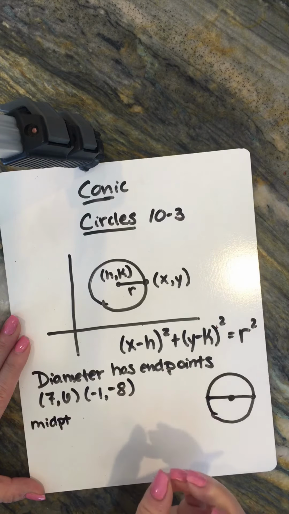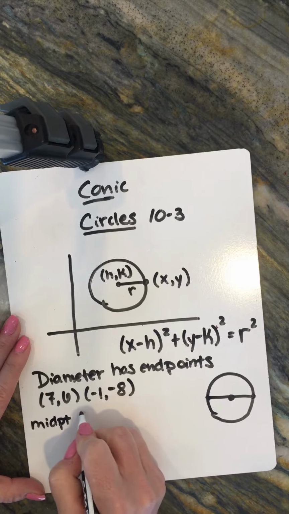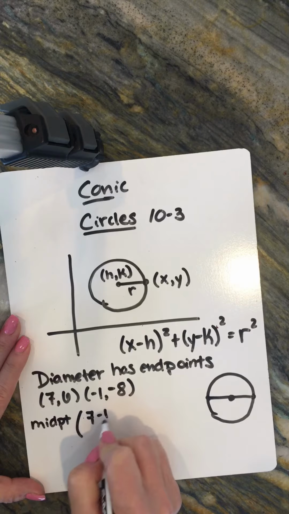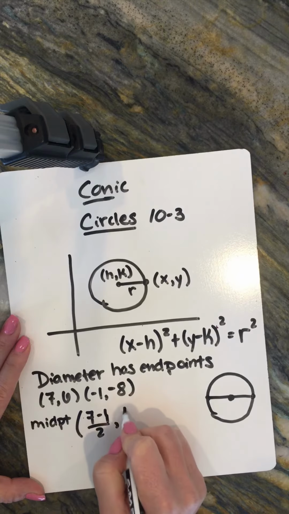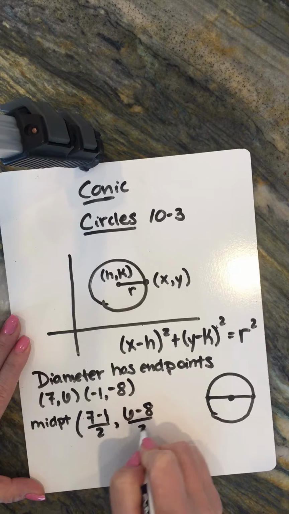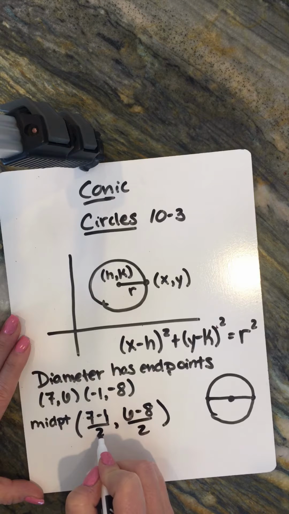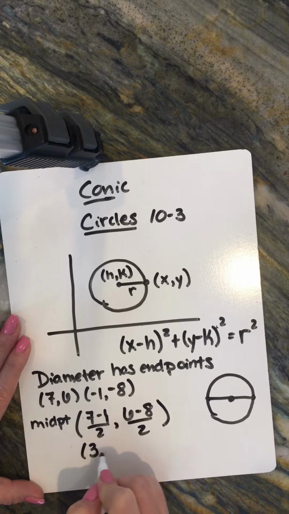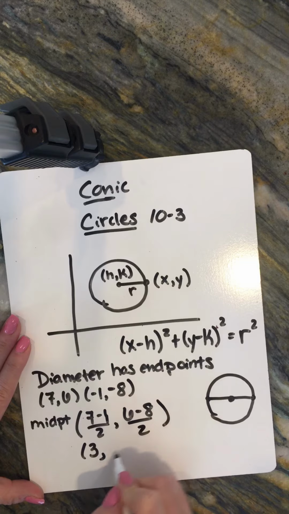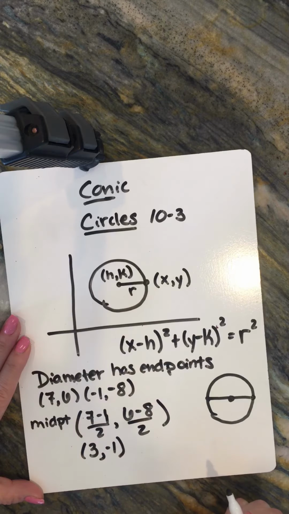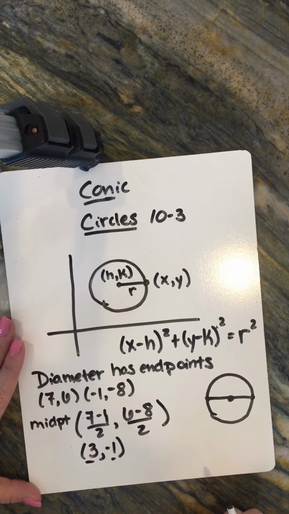Remember, midpoint is the average of the x's and the average of the y's. So (7 minus 1) divided by 2, and (6 minus 8) divided by 2. So our midpoint is 6 divided by 2 is 3, and -2 divided by 2 is -1. Those are our h and k values.